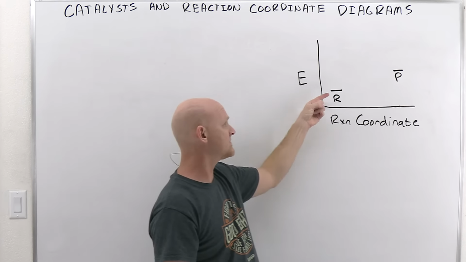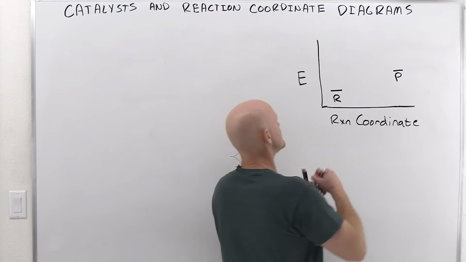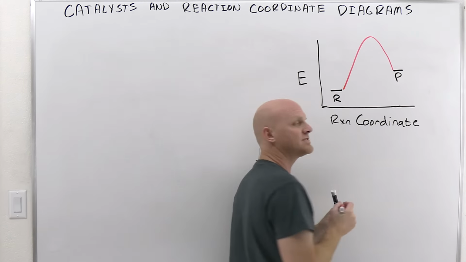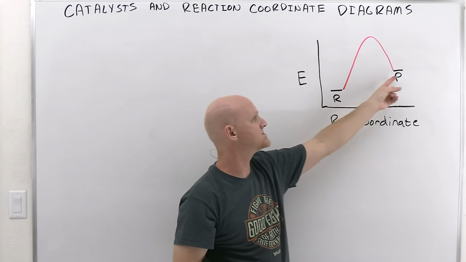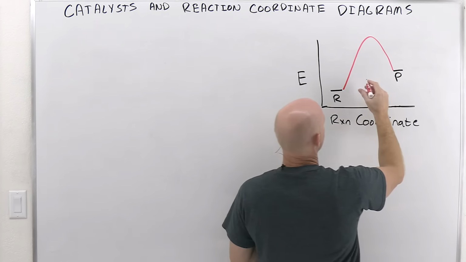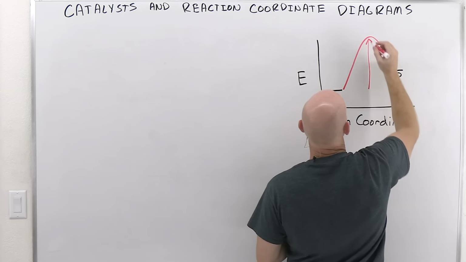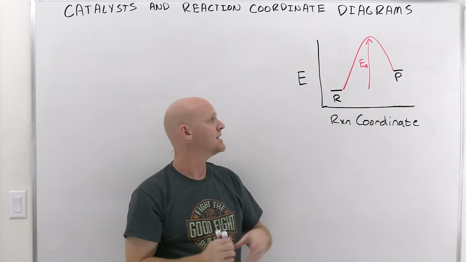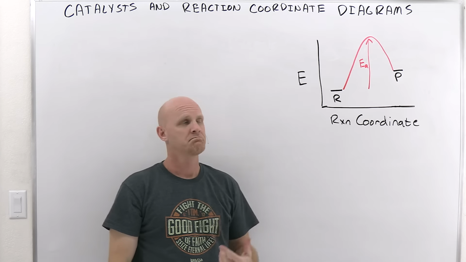In this case, it's not just a straight line. There's going to be a hill you're going to have to get over to go from reactant to product. And the amount of energy it takes you to go from where you start on the reactant to the top of that hill is called the activation energy, abbreviated E sub A.